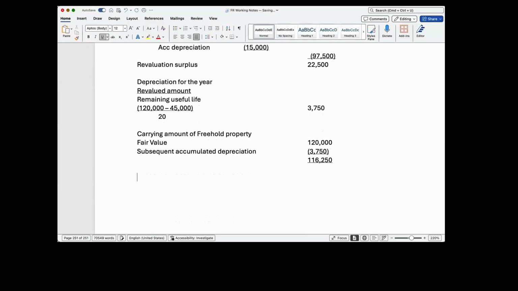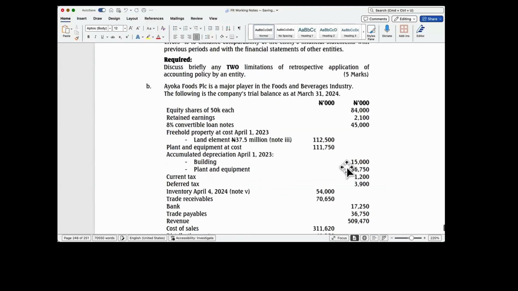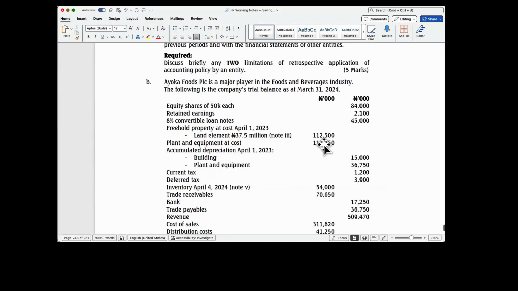So I move to the plants. There was nothing much on the plant other than for me to calculate my depreciation for the year. So the cost of the plant, how much was the cost of the plant? The cost of the plant was 111,750.